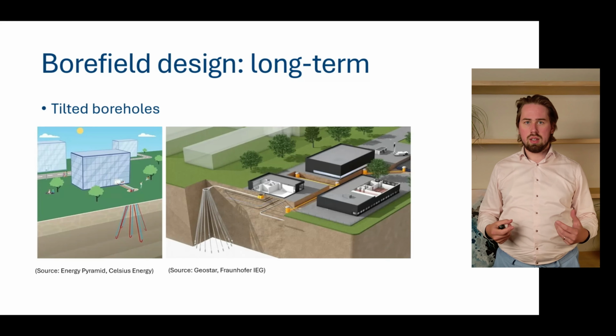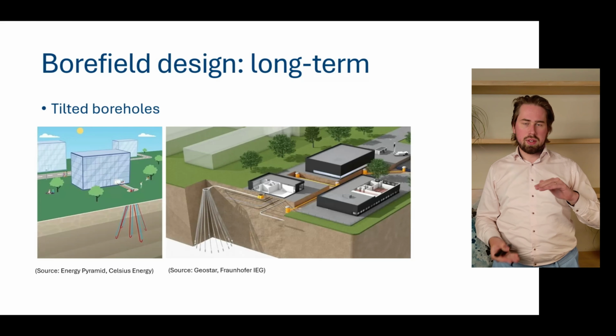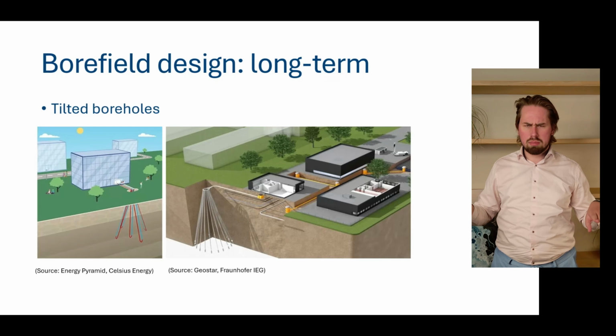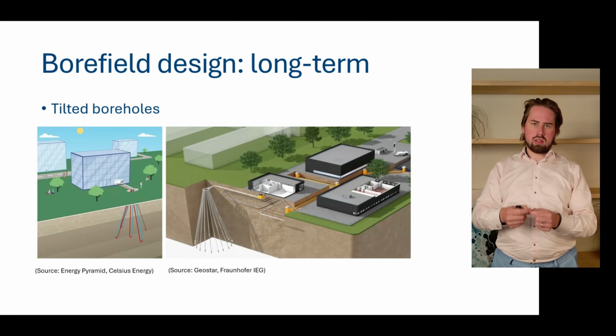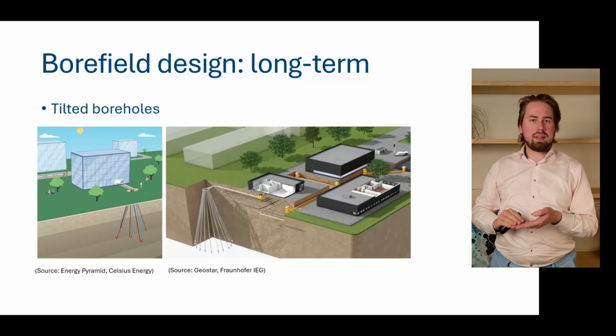And another positive aspect to this is typically you have a certain depth restriction in a country at 100 meters, for example, let's say. Now, if you drill vertical, well, at 100 meters borehole length, you will be there.